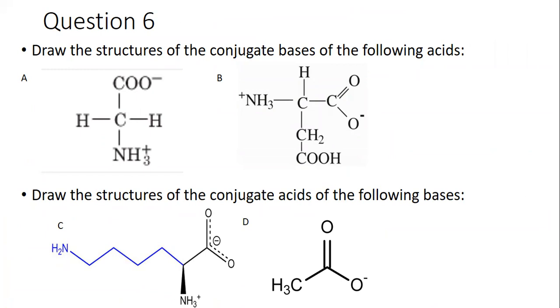I want you to come up with what the conjugate acid looks like. So I'm going to give everybody a minute or two to do this. Then I'll come back and answer, as it's really hard for you all to draw on this type of Zoom meeting. So I'll just draw for us. But yeah, take a minute and see if you understand the concept of conjugate acids and conjugate bases.